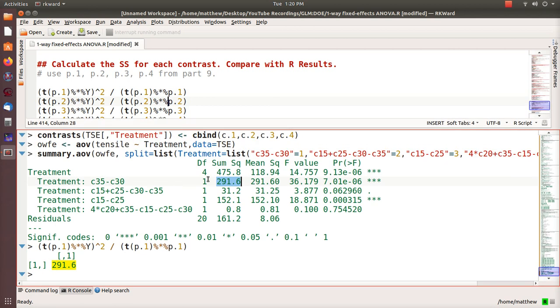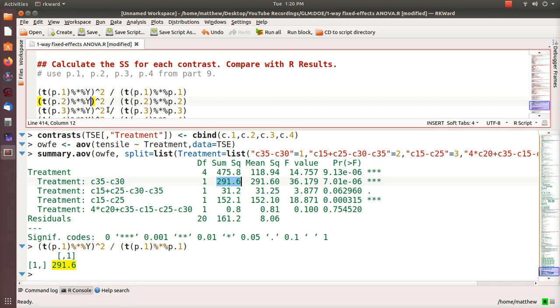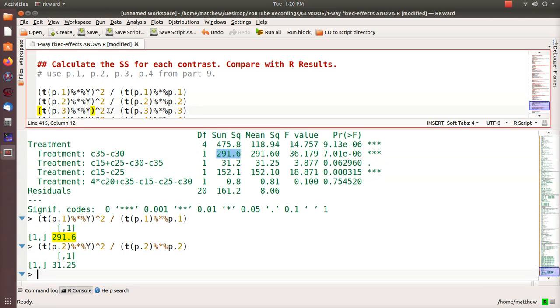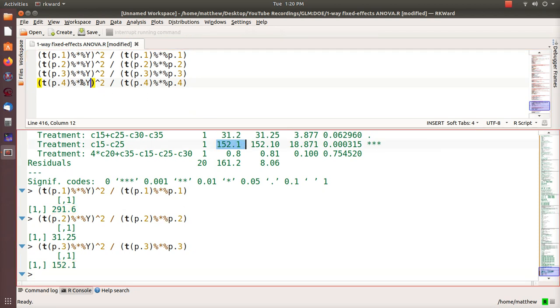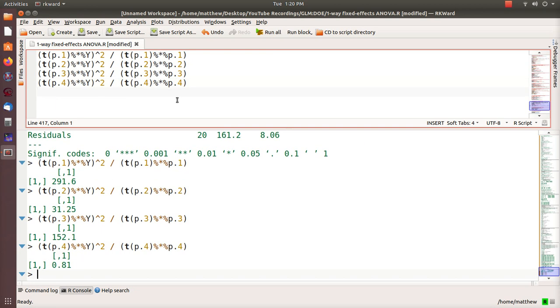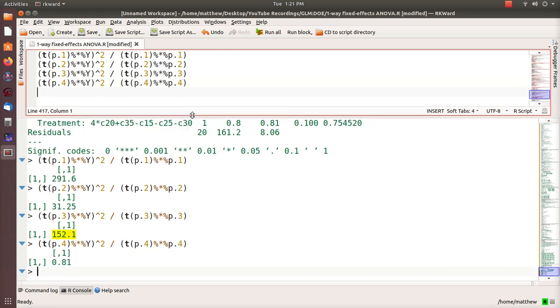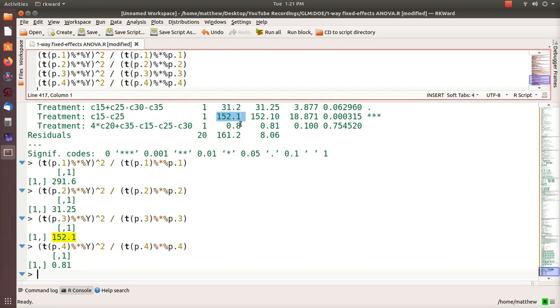So it is the sum of squares for this contrast. We used this formula in previous videos to show that it does work. But here I'm showing you that we do get the values that are in this ANOVA table. Then for contrast 3, we get 151.1, which is what this one is. And the fourth contrast sum of squares is 80.81, which is that treatment sum of squares contrast.